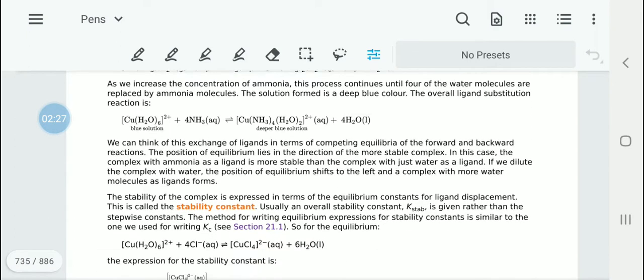Now the competing equilibria: the equilibrium will lie in the direction of the more stable complex.